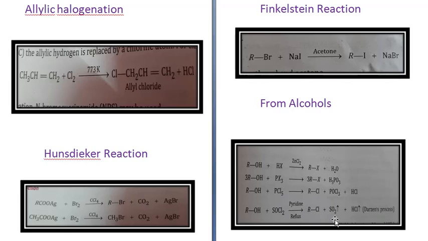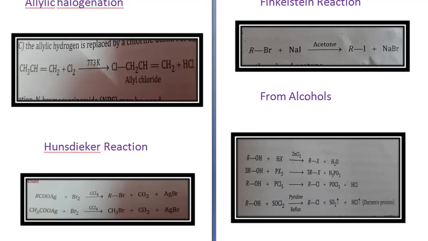Order of reactivity for alcohols with a given halo acid is 3 degree is greater than 2 degree, which is greater than 1 degree. But order of reactivity of hydrogen halides is HI is greater than HBr, which is greater than HCl. So this is how haloalkanes are prepared.